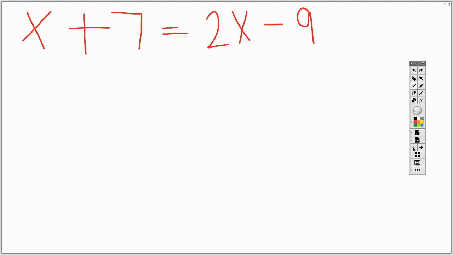So in this equation, we have two sides, right? One side is x plus 7, the other side is 2x minus 9. And similarly, there are two sides of a seesaw. So when we envision this equation, think of it as a seesaw, right?